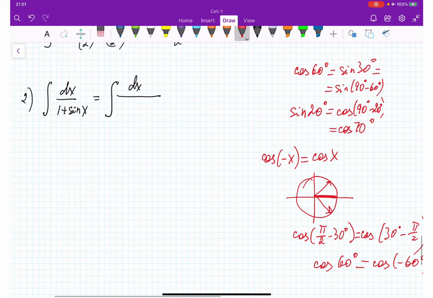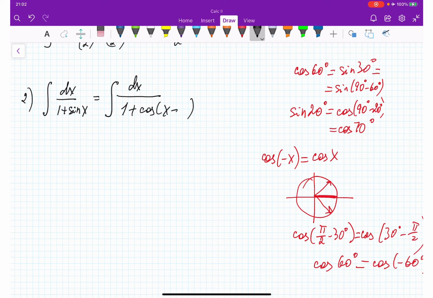Because instead of writing cosine of half a pi minus x, I'm going to write cosine of x minus half a pi. Why? By what reason? I want the angle to be positive.